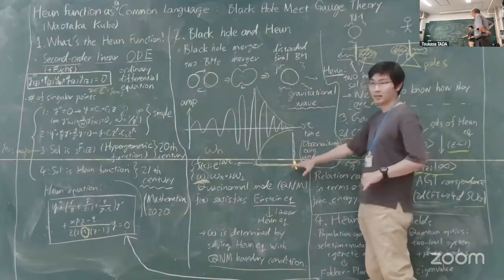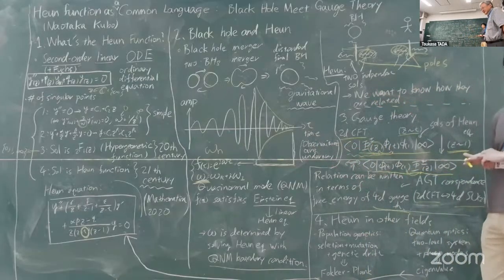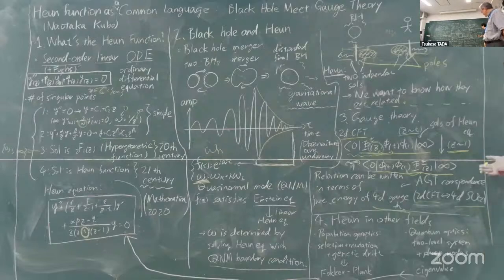Another question is about gauge theory versus conformal field theory. I don't know any exact precise proof. No, I recently proved the anti-de Sitter versus conformal field theory correspondence, but I don't know any other proof.